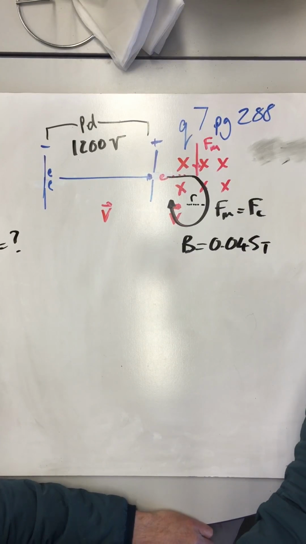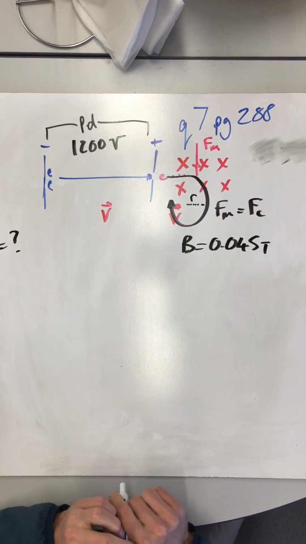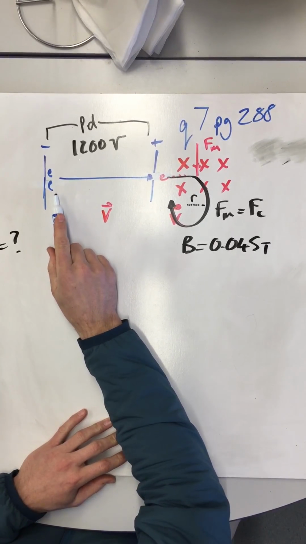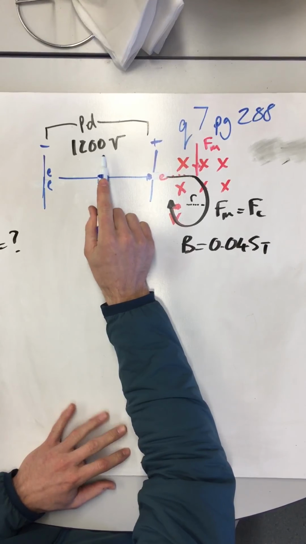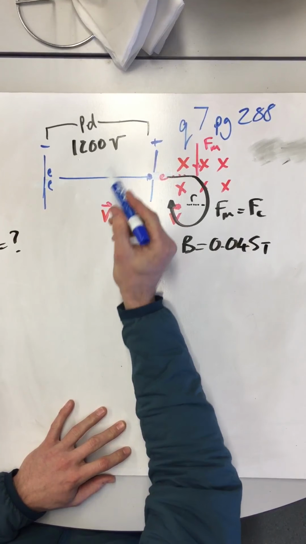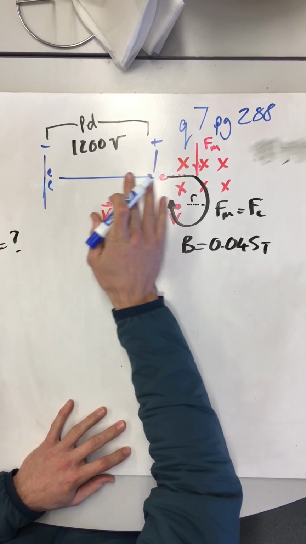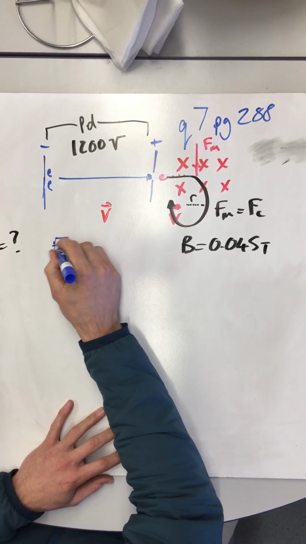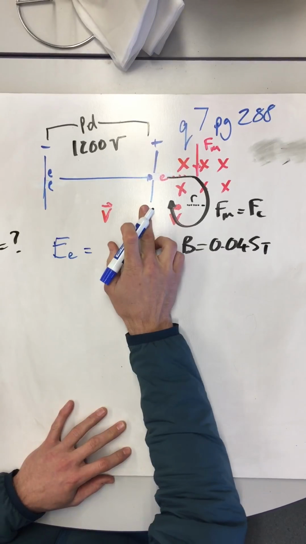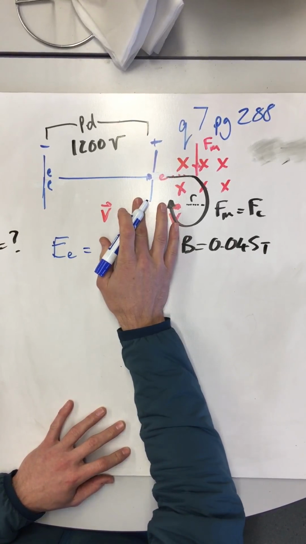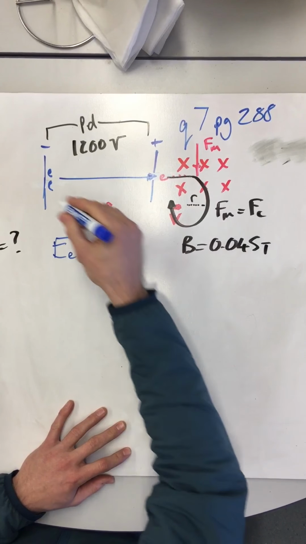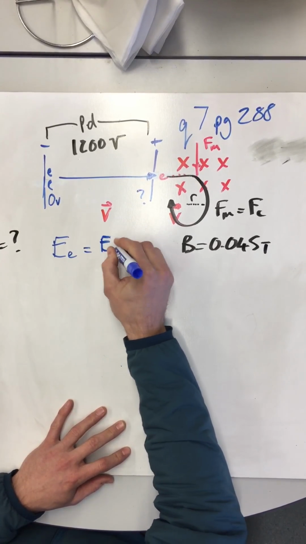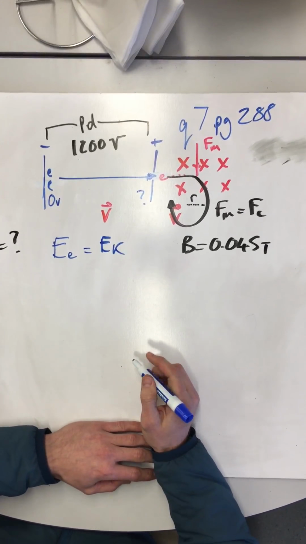So there's a series of conditions here that we really need to be getting good at by now. We've seen this already with mass spectrometry. It's the same in this section. The conditions are as follows. Here's your potential difference. This is an electrical potential difference across the gap, and this is going to tell us that we can figure out the electric energy, the energy that we have in the electrical system here. So I'm going to say that the electrical energy is going to be equal to the energy given to the electrons, and the energy given to the electrons is going to give them some motion. They're going to go from 0 velocity to some other velocity over here. So it's kinetic energy. And this should be looking very familiar.